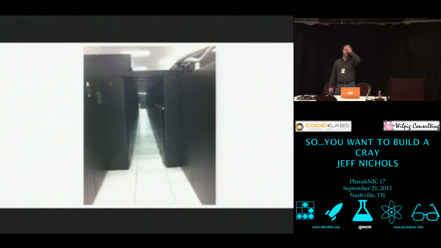There are some interesting things. They have refrigeration built into the racks, and the refrigeration is actually room neutral. When they replaced the first machine, the XT3 and the XT4 were air cooled.